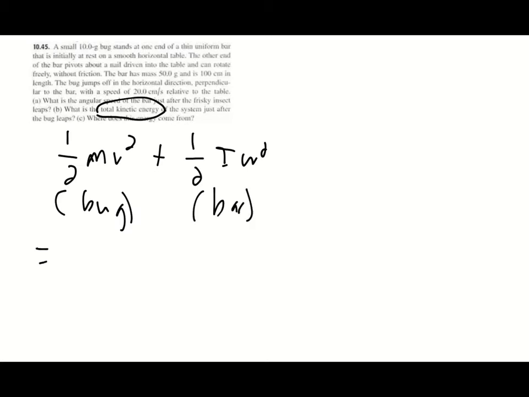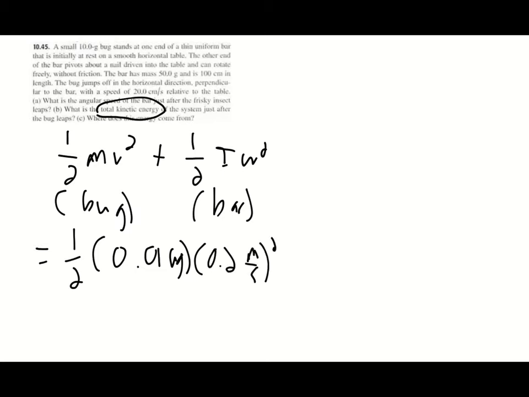That's going to equal 1/2, and again, I have to have them in metric this time. 0.01 kilograms, and 0.2 meters per second, quantity squared, plus 1/2. Again, we know the moment of inertia of the bar is 1/3 m l squared, where L is the length of the bar.